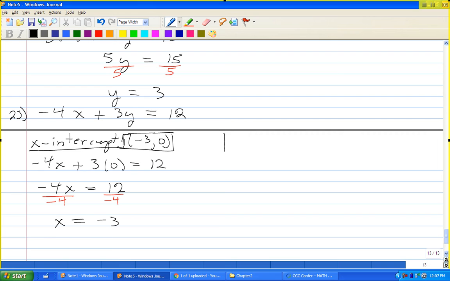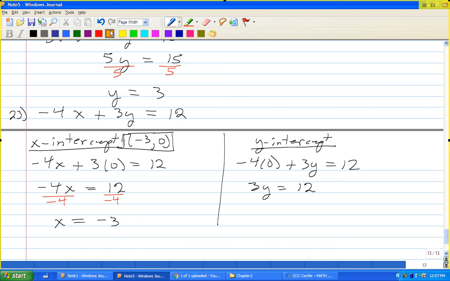Let me find the y-intercept. To find the y-intercept, set x to 0, solve for y. Negative 4 times 0 is 0, plus 3y is 3y.